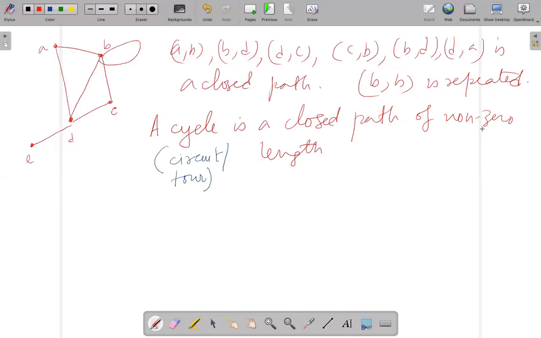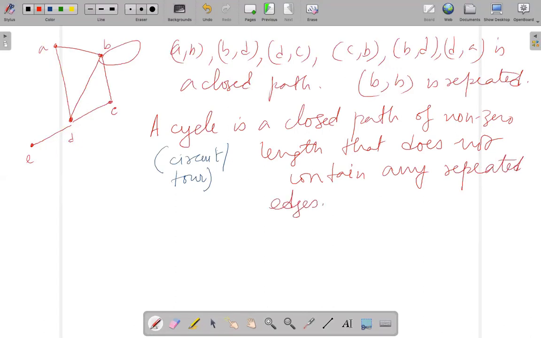A cycle is a closed path of non-zero length that does not contain any repeated edges. Okay.